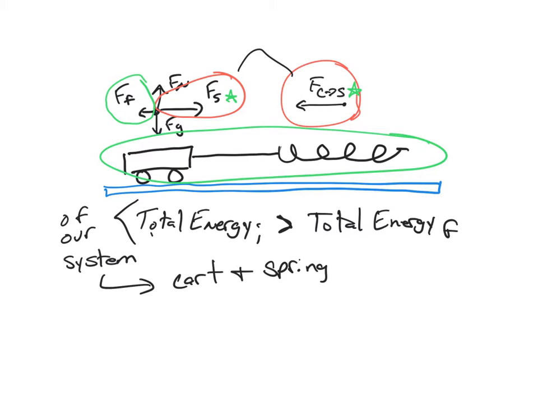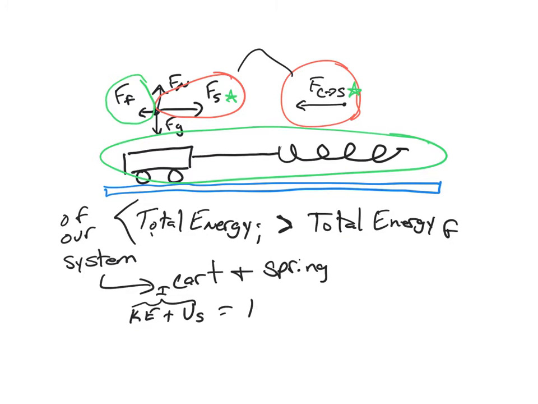And so if we look at the initial state of our system, it is where we have the spring held, you've pulled back the cart, and so now we have the stretched spring and the cart not moving. So within our system, our total energy is the kinetic energy plus the potential energy, and this is initial.